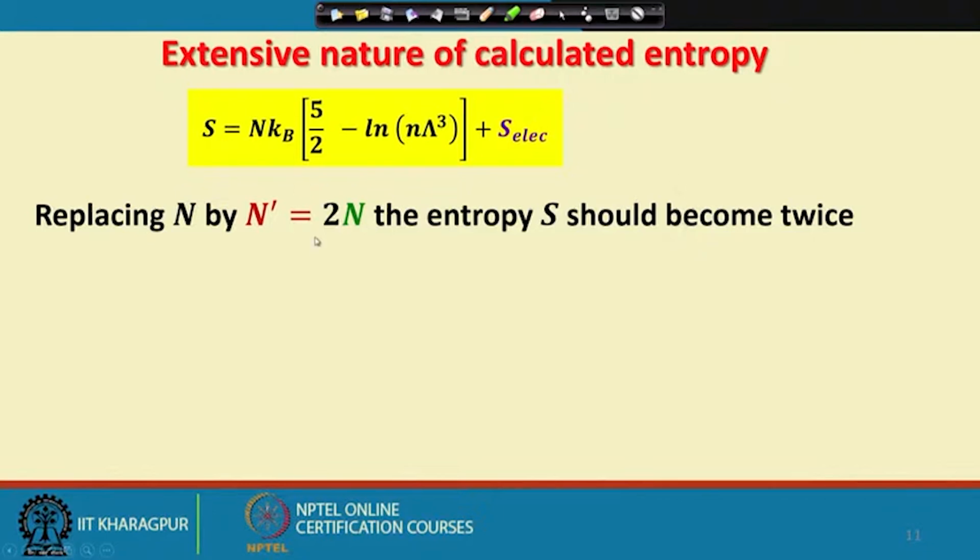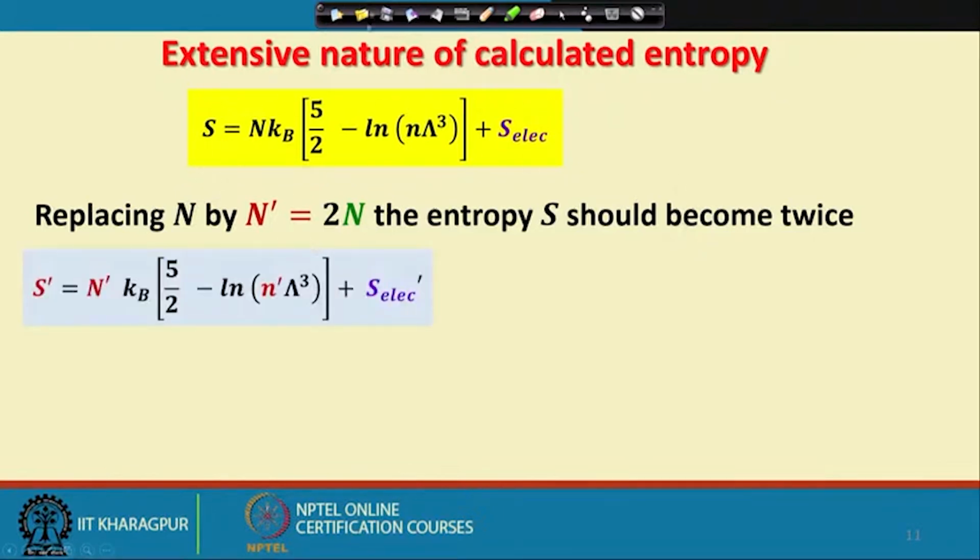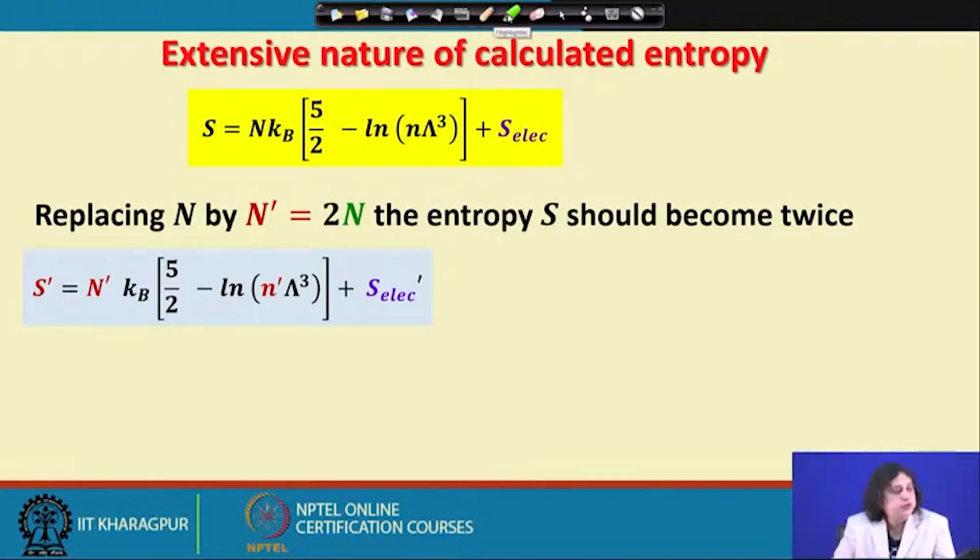So, if this is the expression for S, then we write down the expression for S', where while calculating S' I am replacing N by N'. Obviously, the number density small n is represented by small n', and S electronic is also becoming S' electronic.